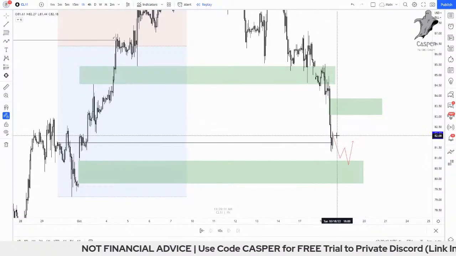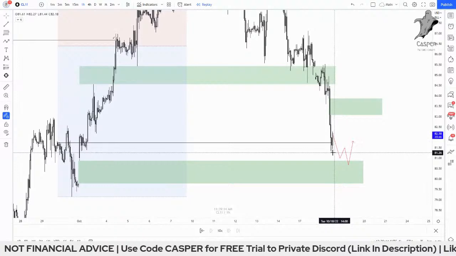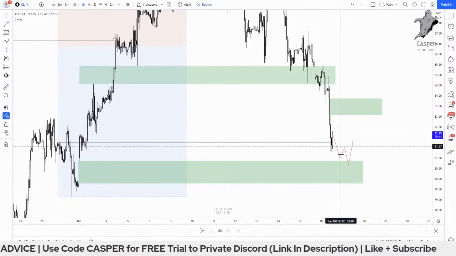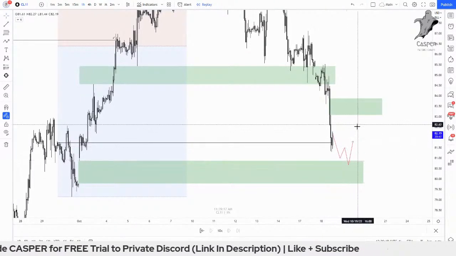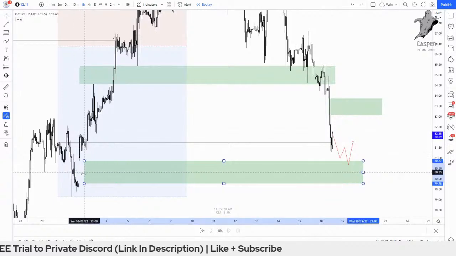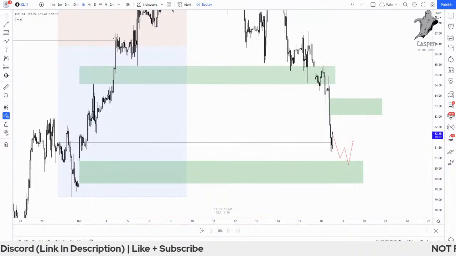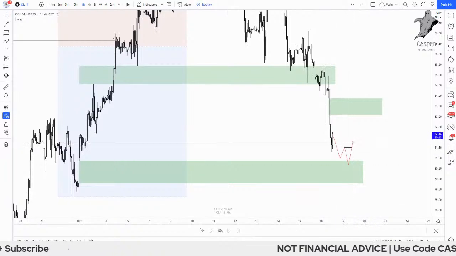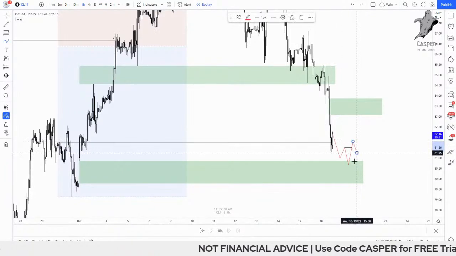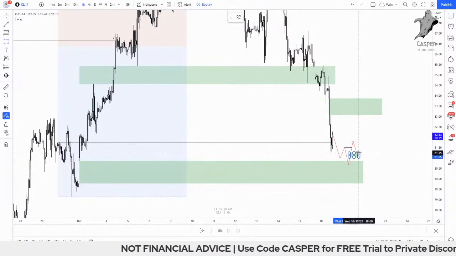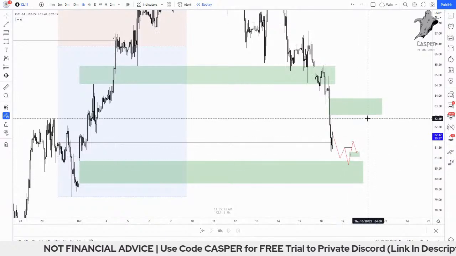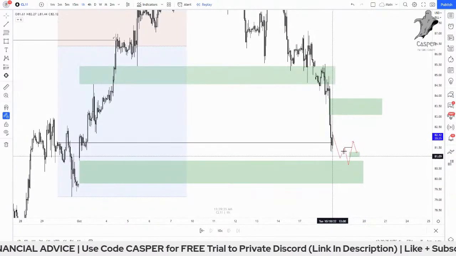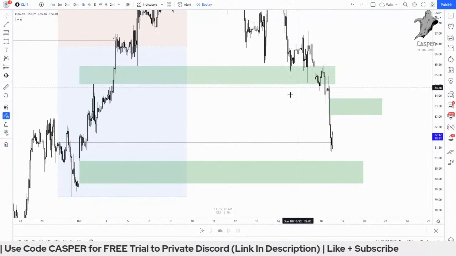So it really kind of depends what happens first. Now, if you form some structure here, manipulate traders into going long and stop them out, and we see smart money buy up those stops inside this gap with old orders, and you get that market structure shift, that's where you just look to frame longs around. Otherwise, you'd want to wait till the shorts.